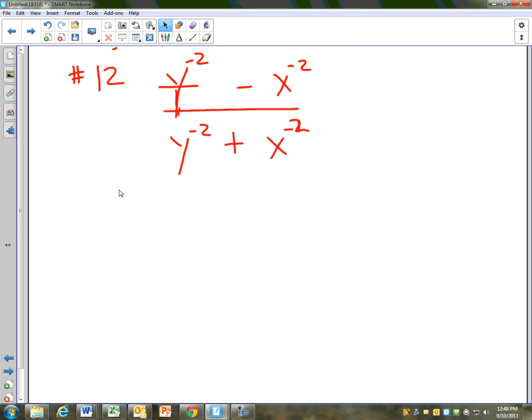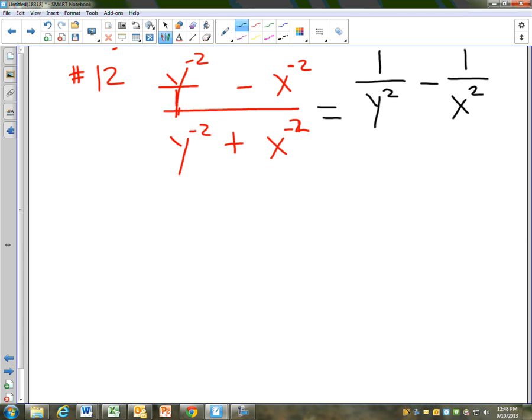So I'm going to rewrite this to look like 1 over y squared minus 1 over x squared, all over 1 over y squared plus 1 over x squared. These look very similar, don't they?